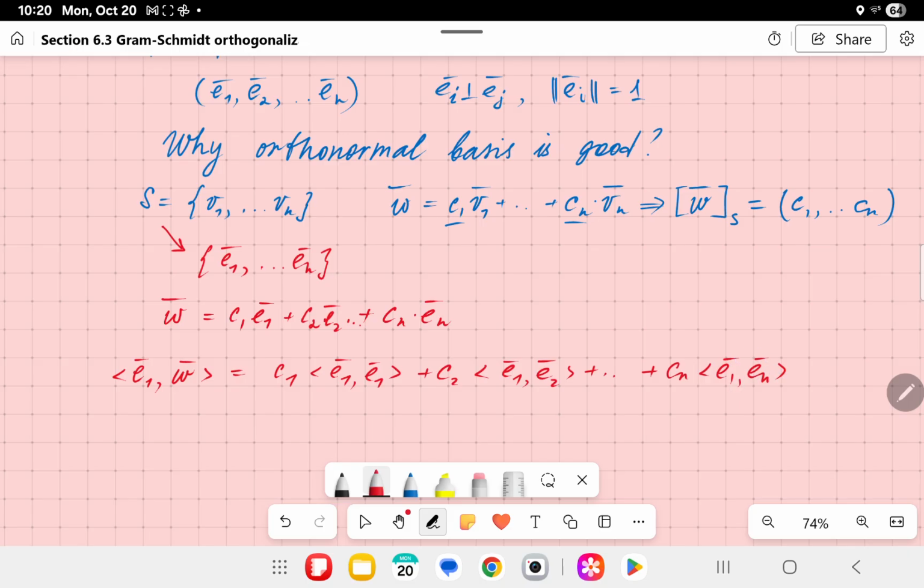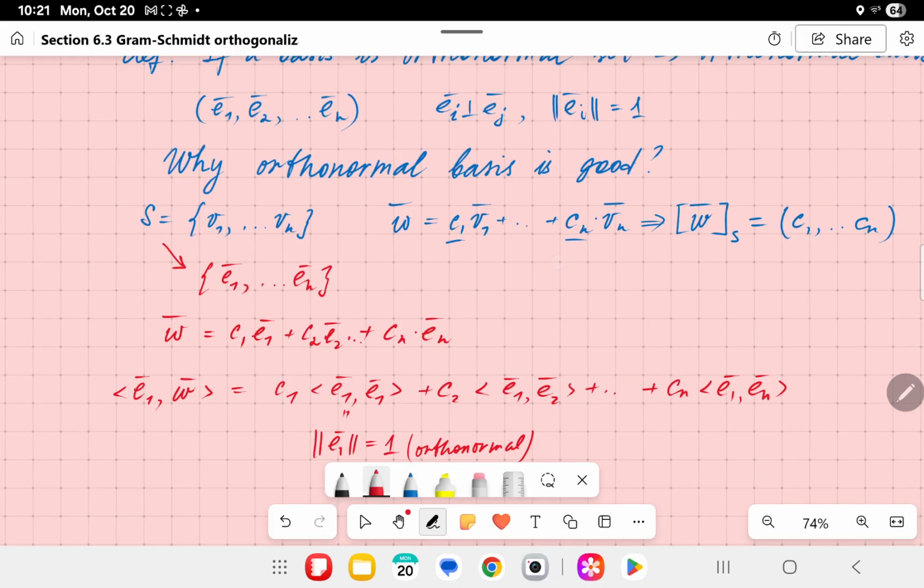Now, what is the inner product of E1 with E1? Since it's the norm of E1 squared, and the norm of E1 is equal to 1 just because the basis is orthonormal, it is 1. Now, what is E1 with E2? Because they are orthogonal, the dot product is equal to 0.